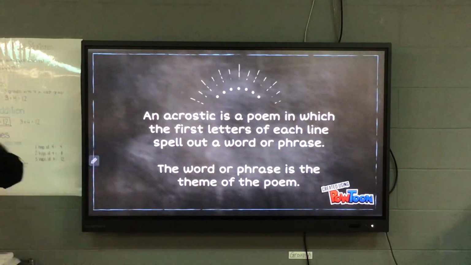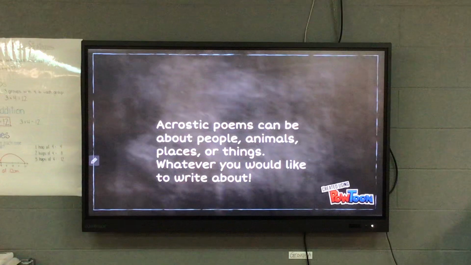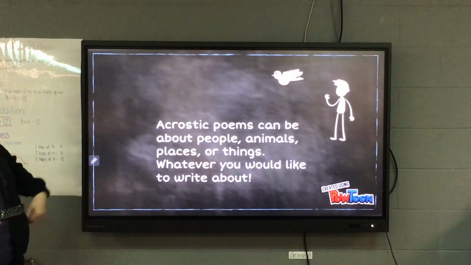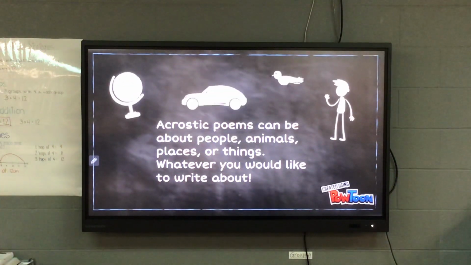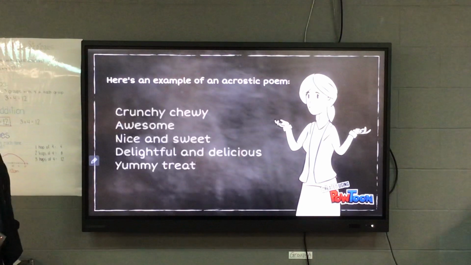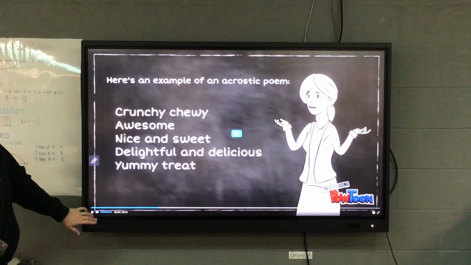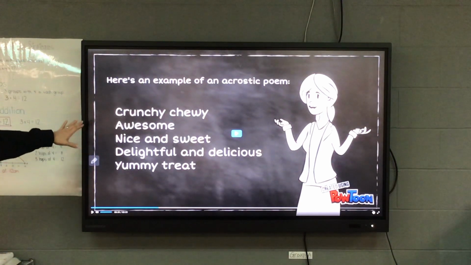That's exactly what was on our description slide. It says it's the first letter. Acrostic poems can be about people, animals, places, or things, whatever you would like to write about. Here's an example of an acrostic poem. The word is candy. They're going fast, so I'm going to pause it.